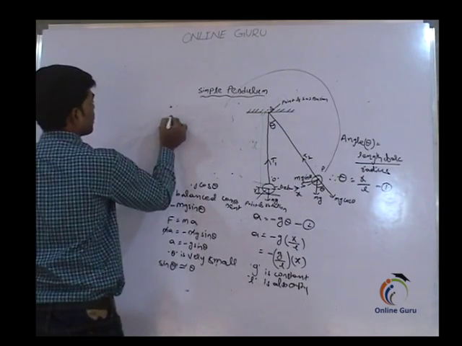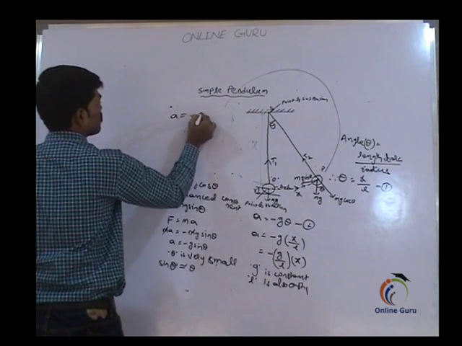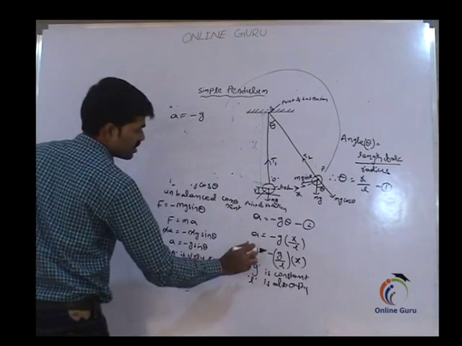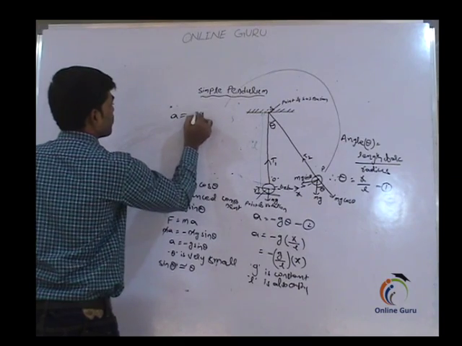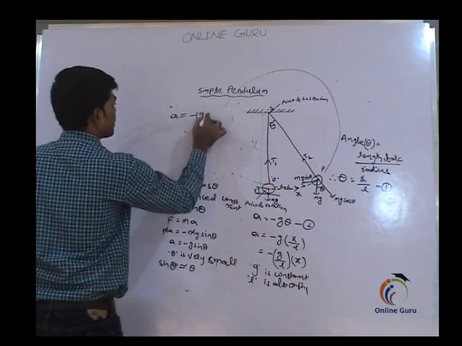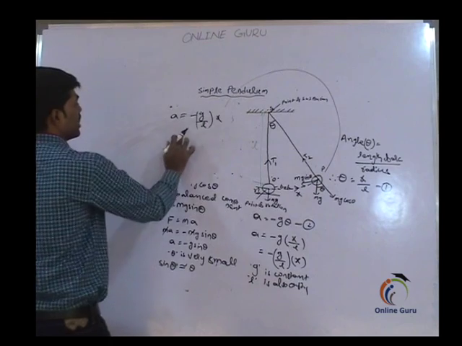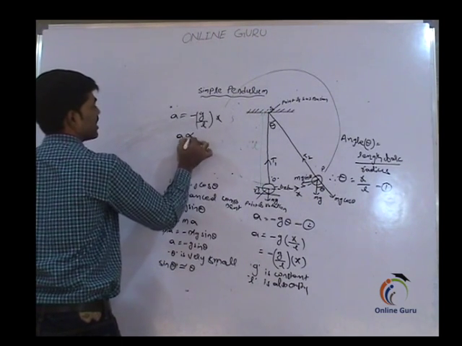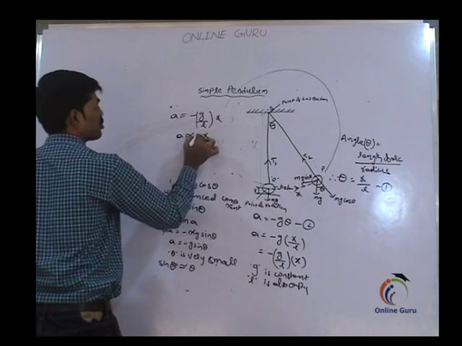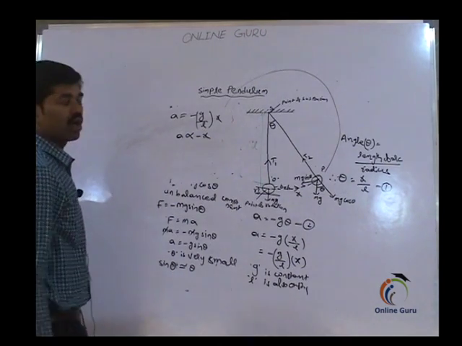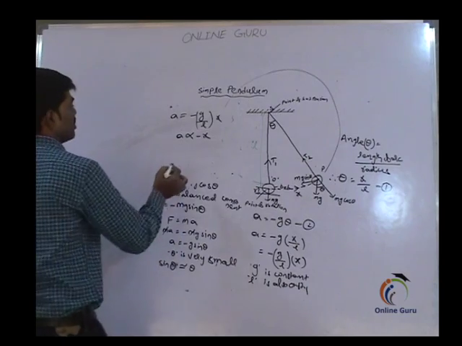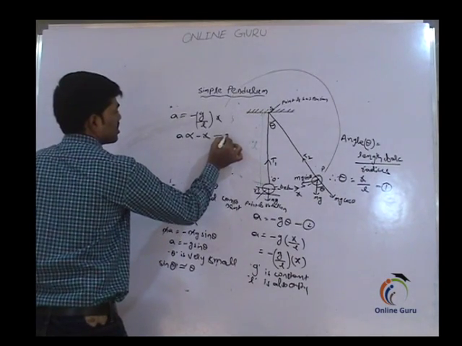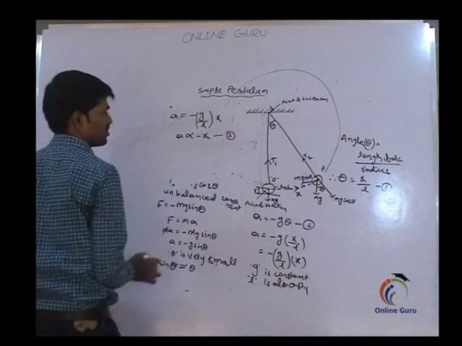Once again I am writing that equation: a is equal to minus g by L into x. Both these are constants, therefore I can write that acceleration is directly proportional to displacement and opposite in direction. So this is the third equation.